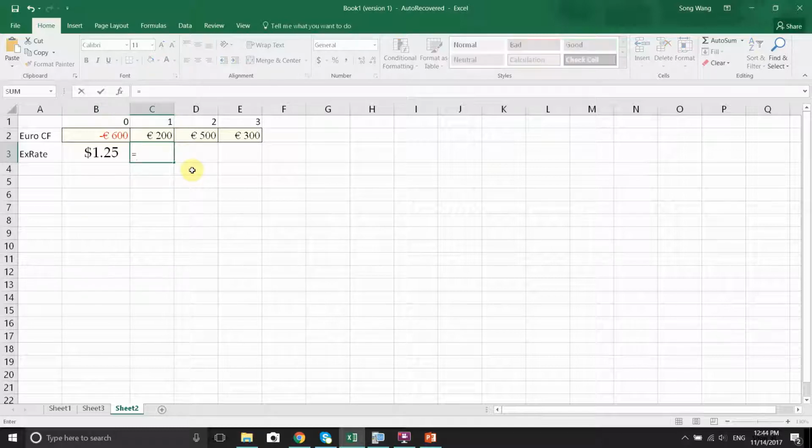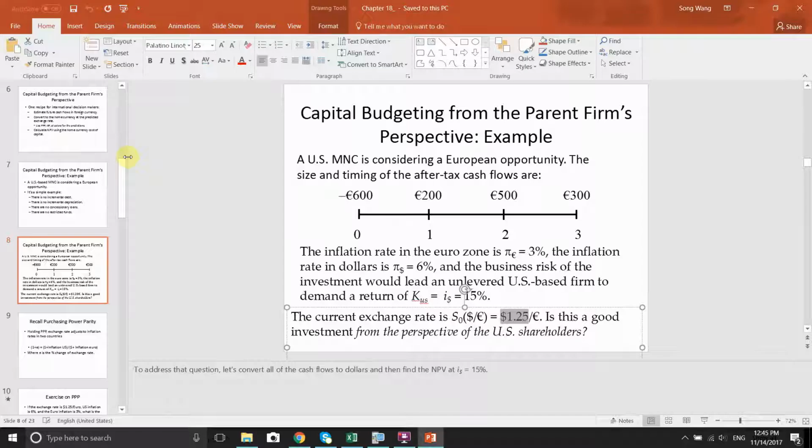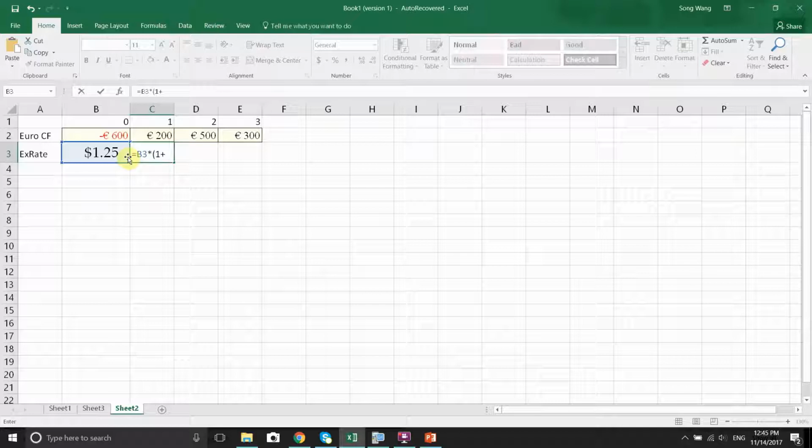It is going to be 1.25 times 1 plus the US inflation rate, which is 6%, divided by 1 plus 3%, which is the euro inflation rate. Basically, that's the multiplier we're going to use to develop the exchange rate in the next year.